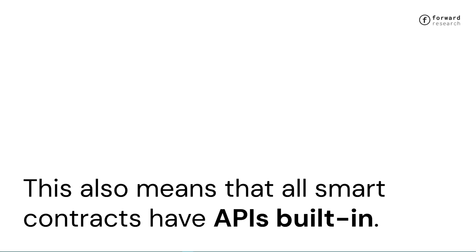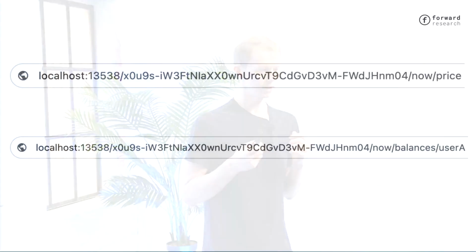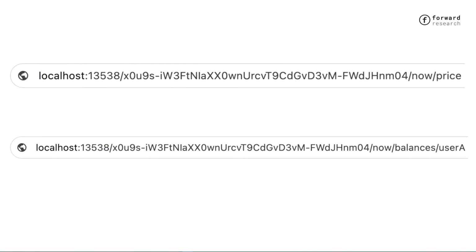it's a freebie that you get by designing the system in this way, is that smart contracts can output APIs. So just in the same way that we returned a HTTP message to the browser when you tried to access that web page, well, we can also give you back, for example, prices or the balances of users.